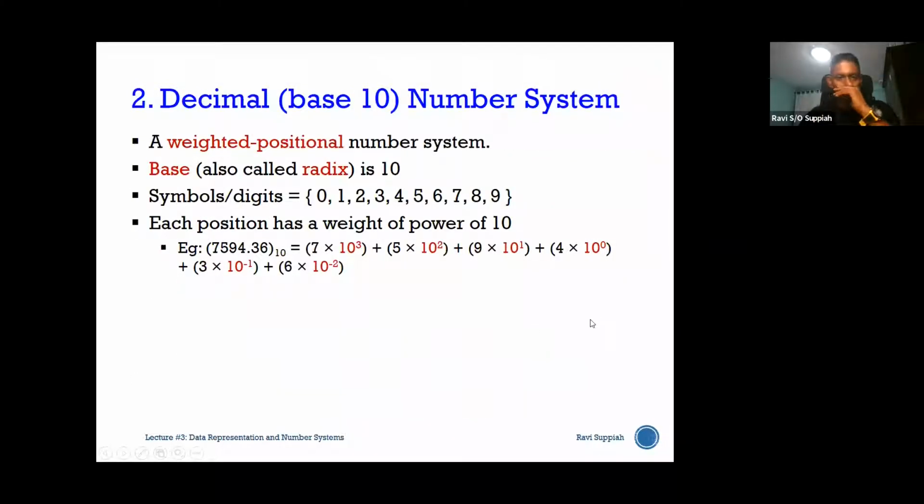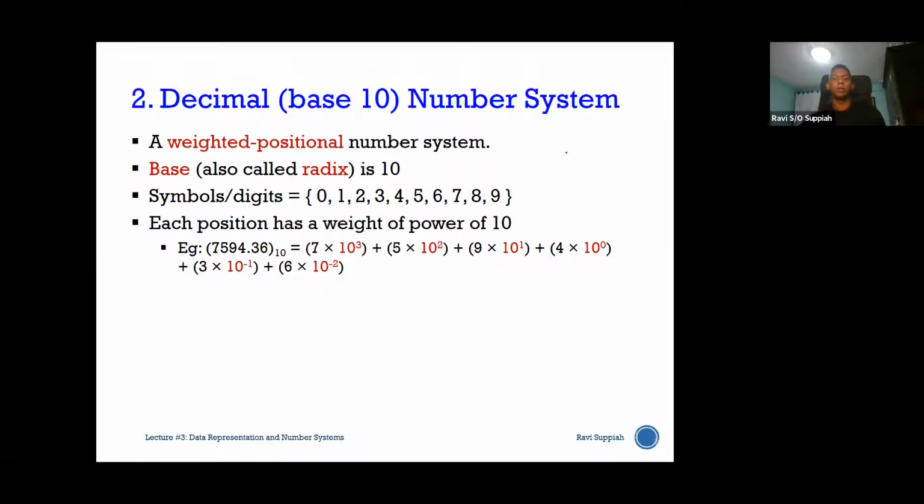Now let's look back at our positional number system, or what you call the weighted positional number system. From the time that we started learning maths, from nursery or kindergarten, we have actually been dealing with what we call the base 10 number system.